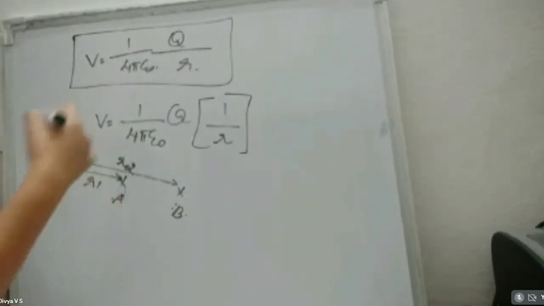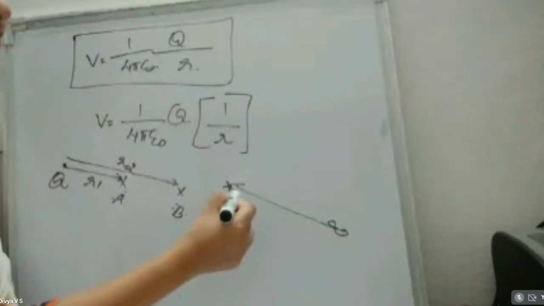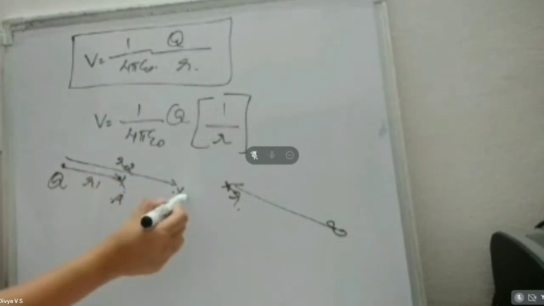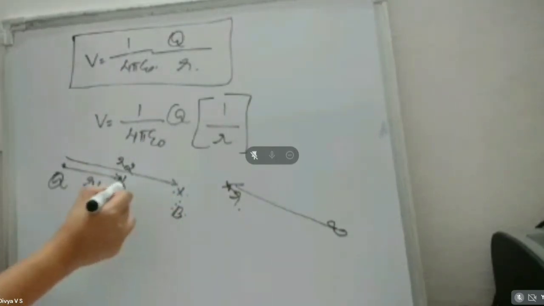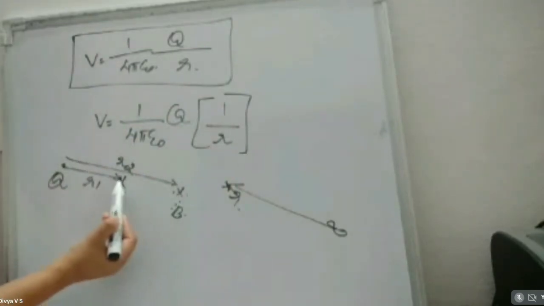Now, here when we calculate the potential at a point, we substitute the limit infinity to R. Now, if we need the potential difference between B and A, we are bringing the charge from R2 to R1.